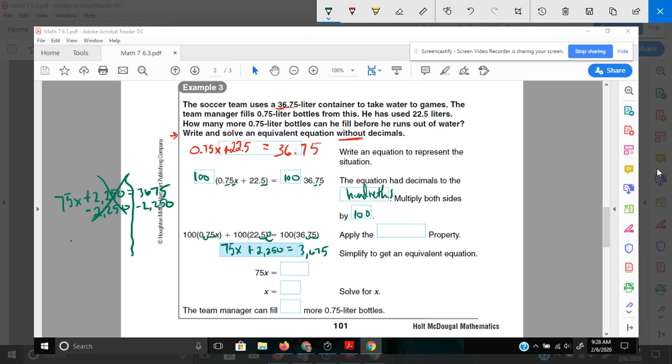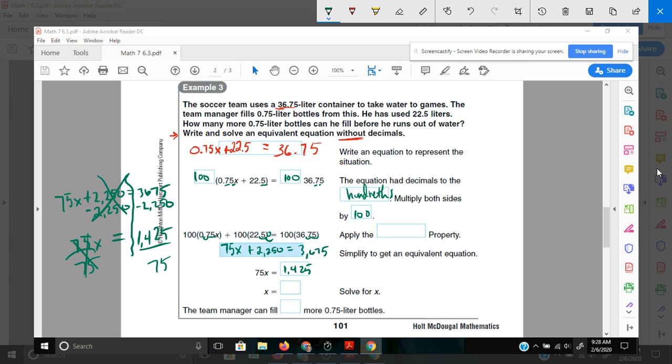Okay, that'll cancel, and I'll be left with 75x equals, do a little subtraction here, 1,425. And in my last step, divide by 75 on both sides.